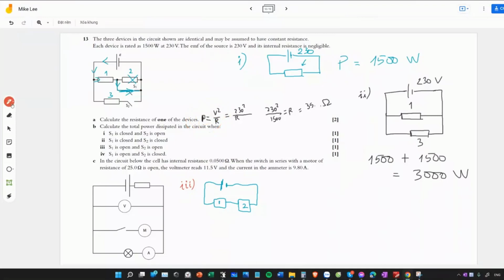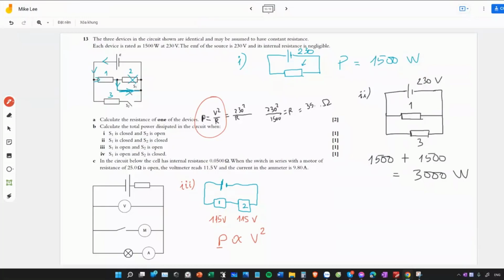Each resistor here will receive only 115 volts, and the power is proportional to the square of the voltage according to this equation. Therefore, the power of each resistor will be one fourth of 1,500 watts.